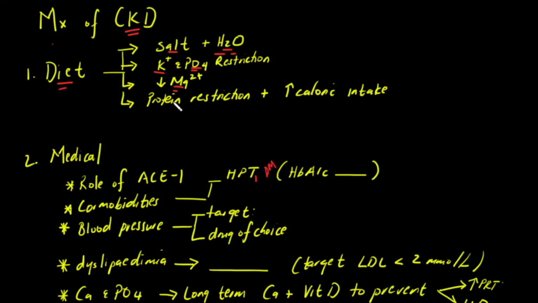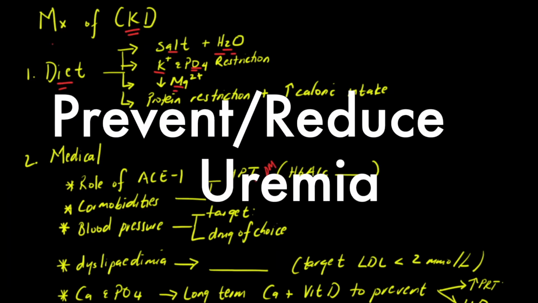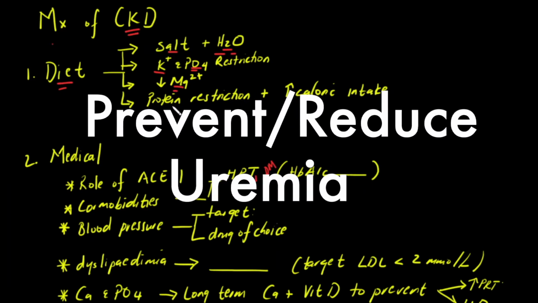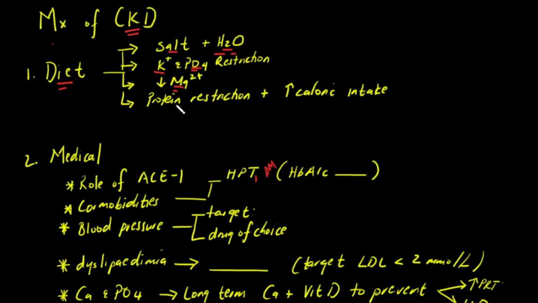Then another thing that you want to prevent is uremia. Remember, we have already highlighted the many complications of uremia. So you want to prevent uremia and potentially delay the decline of your glomerular filtration rate. And how are you going to do that? You are going to restrict your proteins.